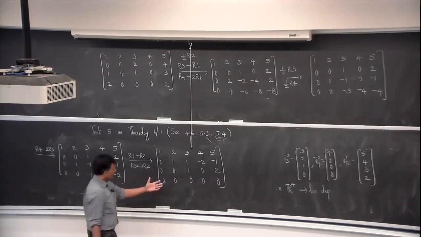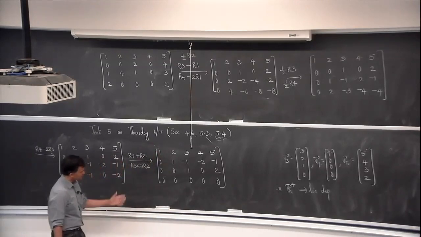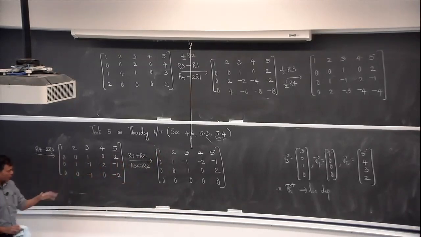Well, it's not a unique form because this is not an RREF. Okay, you could still do more things, but I think for our purposes, this should be enough to keep moving.